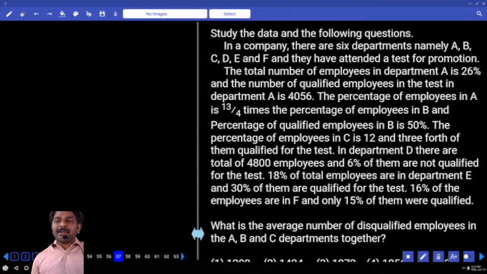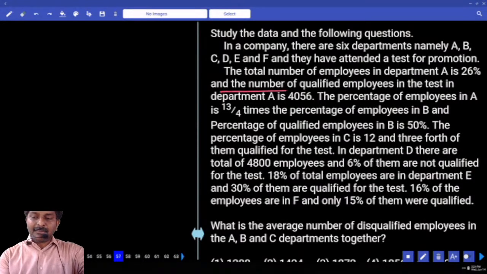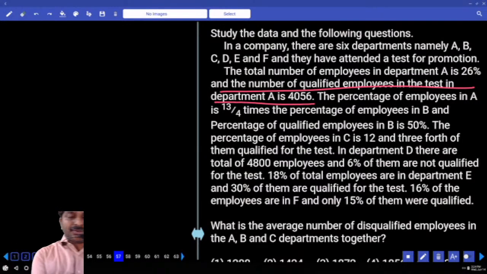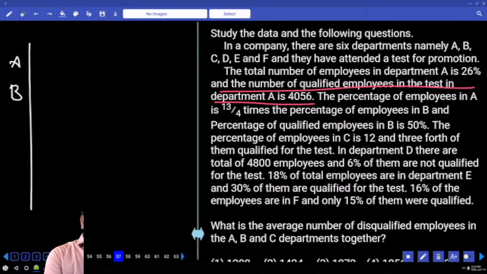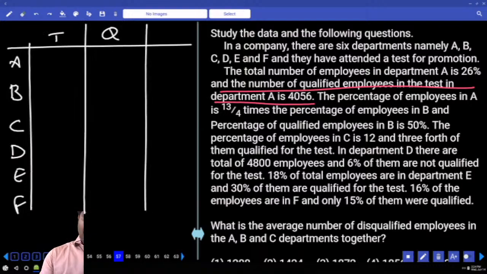The total number of employees in department A is 26%, and the number of qualified employees in the test in department A is 4056. So now we know that besides A we have B, C, D, E, F. First I'll write total, then qualified, and then disqualified.